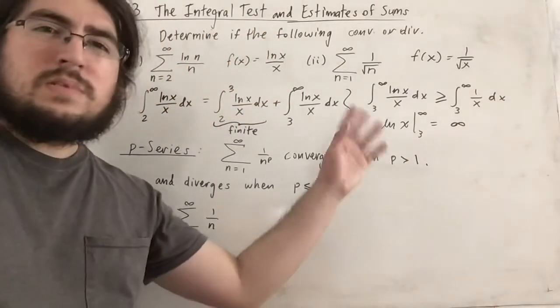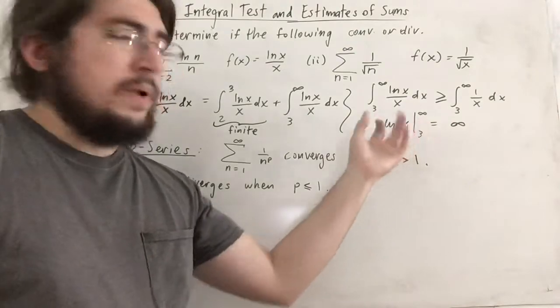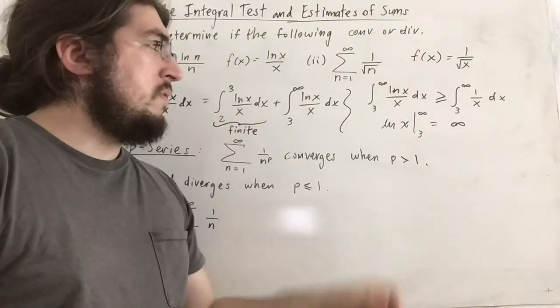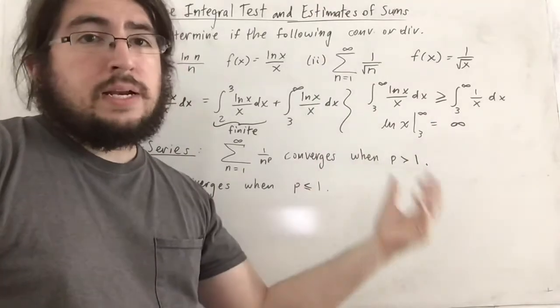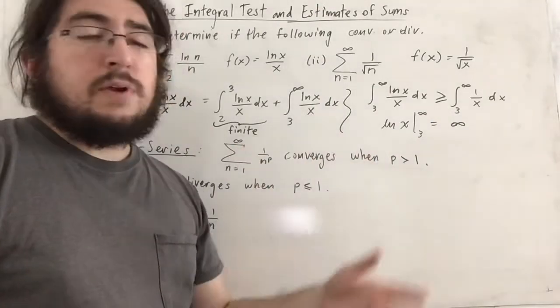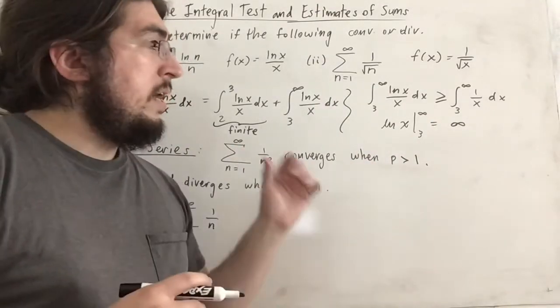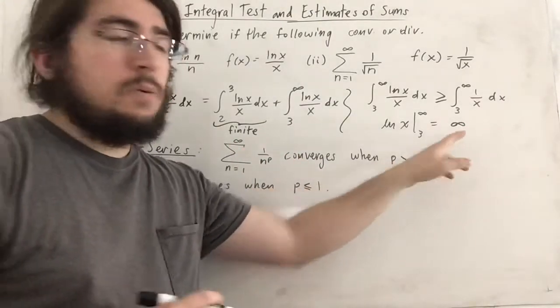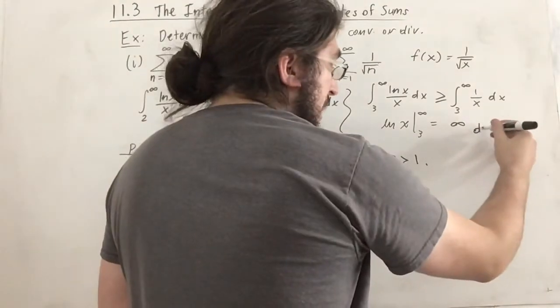Now I know I'm doing this not super technical, and I'm not using limits, but if you replace infinity with t and then take the limit as t goes to infinity, you get ln of t minus ln of 3. ln of 3 is finite, so don't worry about it. ln of t goes to infinity as t goes to infinity. So basically what we get overall is that the integral diverges.